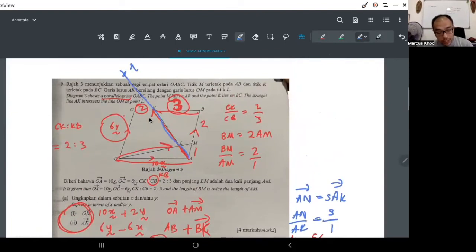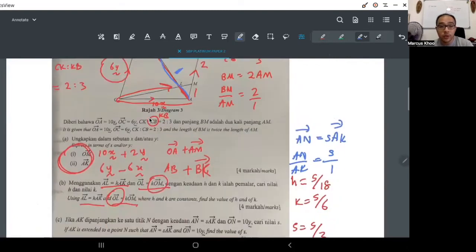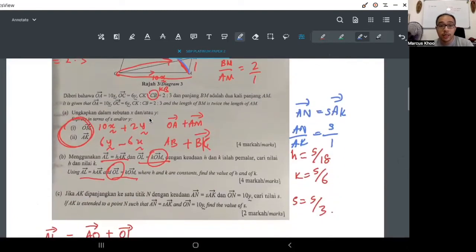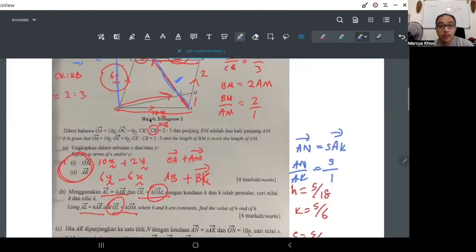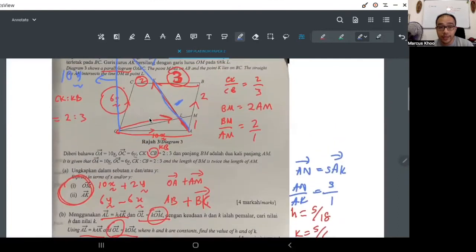Okay, so AN is S and AK is 1. So this is S minus 1, S minus 1 over here. Such that S and ON equals to 10y. So ON is here. Okay, this is 10y. Okay, find the value of S.